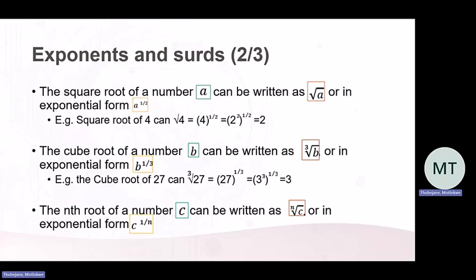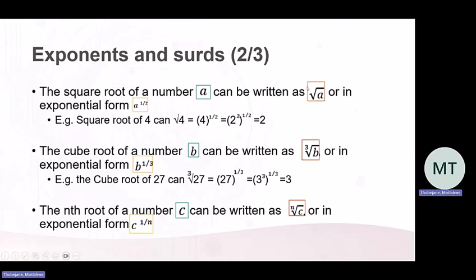and understand this concept, right? The square root of a number A can be written as you see there, the square root of A, or in exponential form, A to the power, to the exponent, to the index of 1/2.